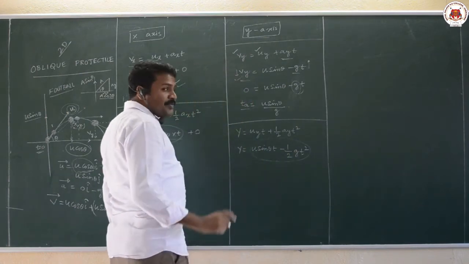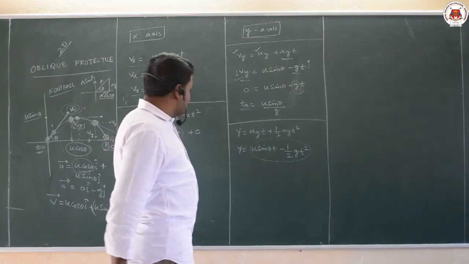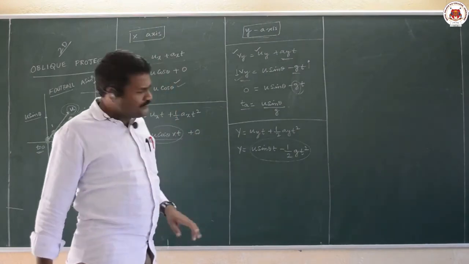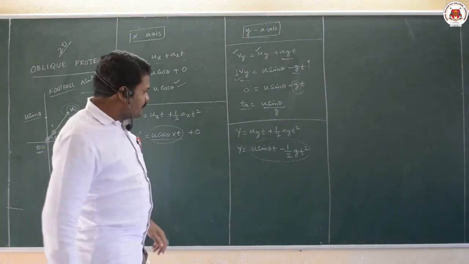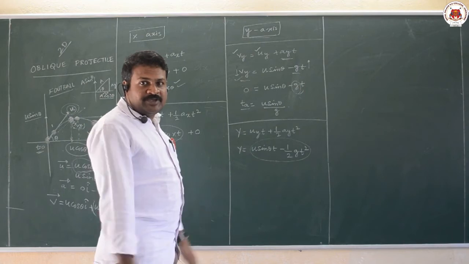And for one value of y, at two different times, the body will be at the same horizontal level, the same height, because this you can convert into a quadratic equation, just like what we discussed in vertically projected body.